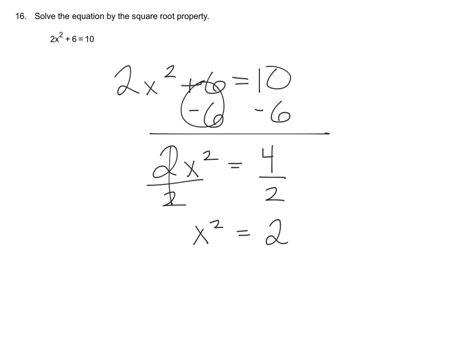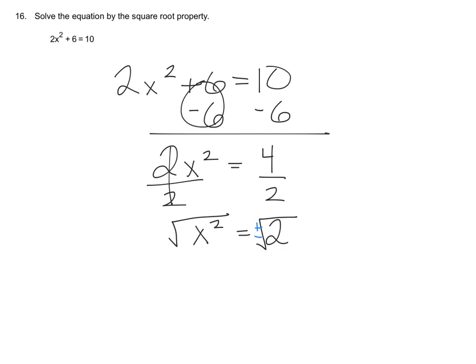Lastly, I want to solve for x, so I'm going to take the square root of both sides to get the x variable by itself. Whenever you take the square root of a number, we need to place a plus minus sign next to the square root.